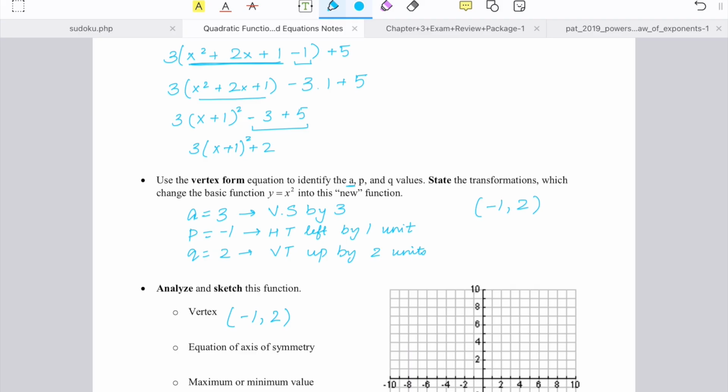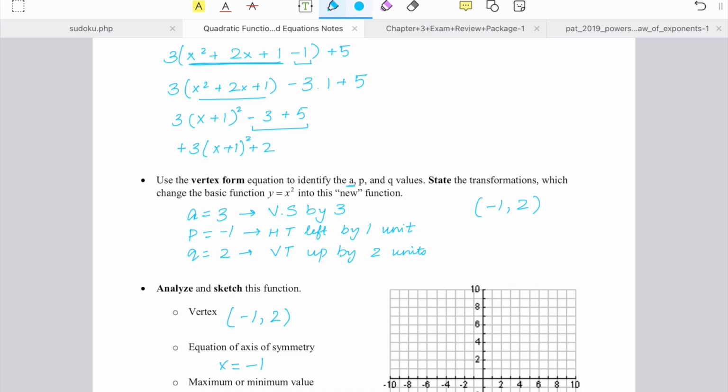The axis of symmetry will be x equal to negative 1. Your minimum or maximum value will be? Is it going up or is it going down? Up, because a is positive.